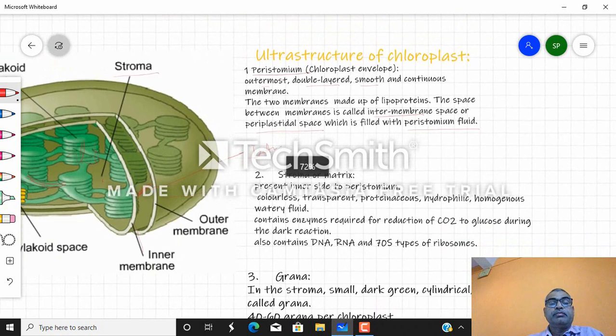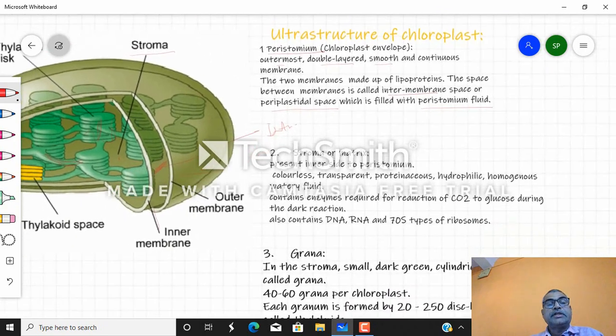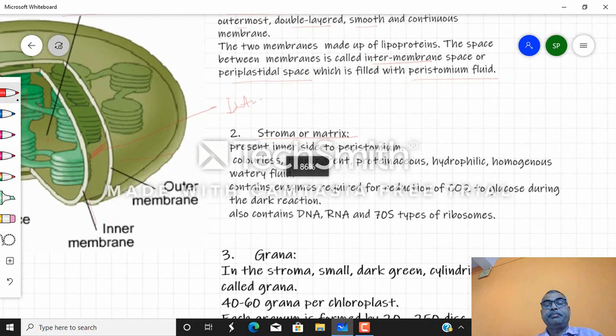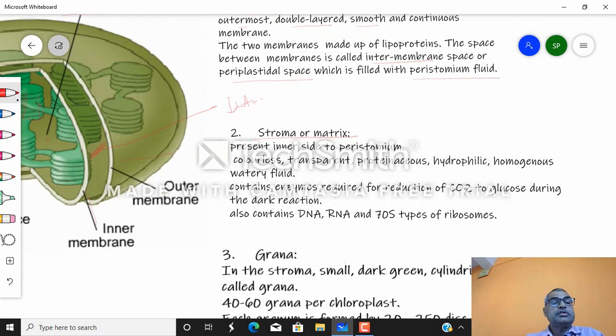Inside the peristomium, or inside the inner membrane, stroma or matrix is present. This is the region where the stroma is present, and within the stroma the granum region is suspended.